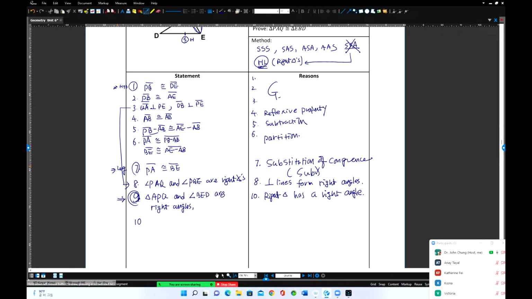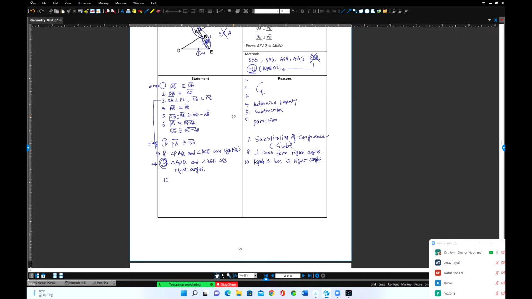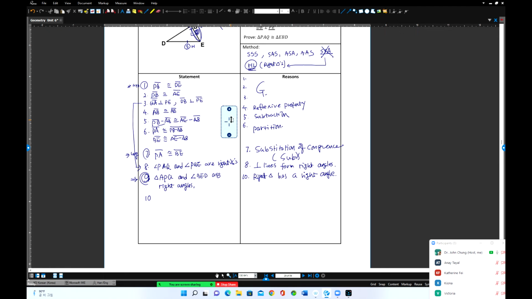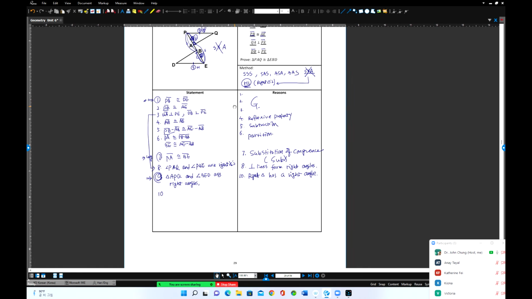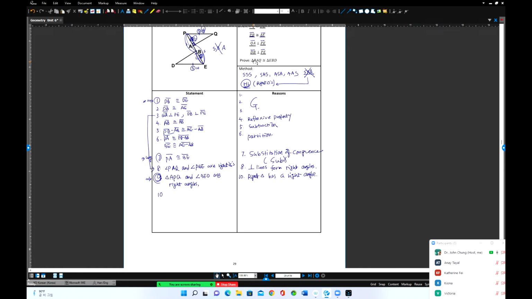Now you can say triangle PAQ congruent to triangle EBD.